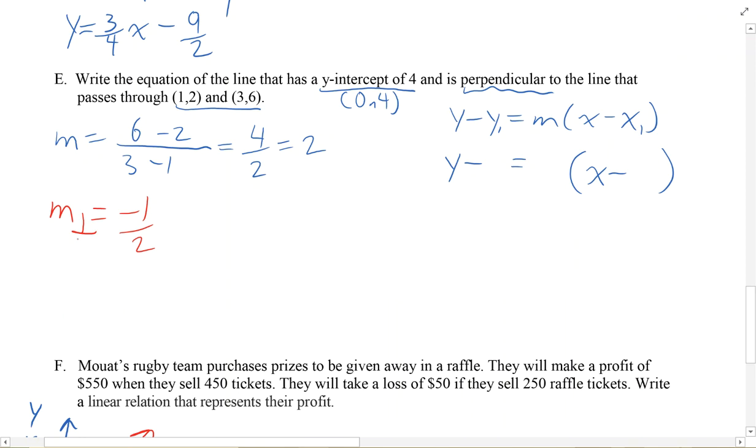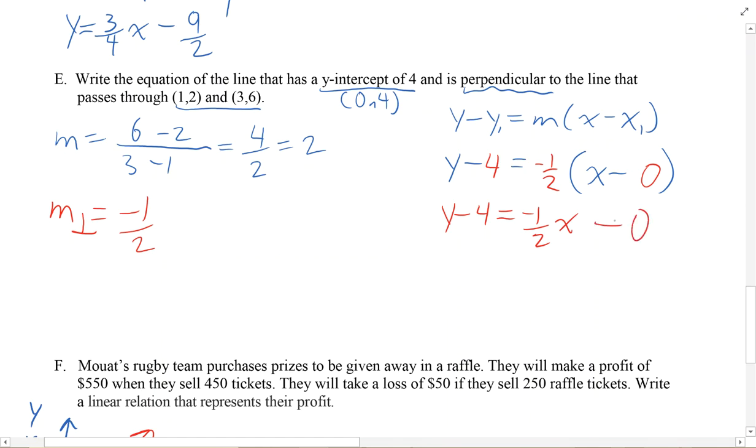Okay? Good. So making your equation then, it should be y minus 4 equals negative 1 over 2 (x minus 0). So this is kind of unique as well. The y minus 4 part doesn't change. Multiply your fraction inside. The question, of course, is what happens when we multiply anything by 0?